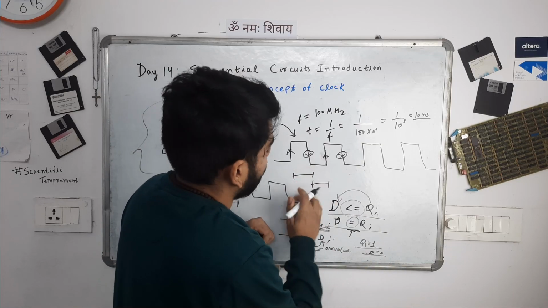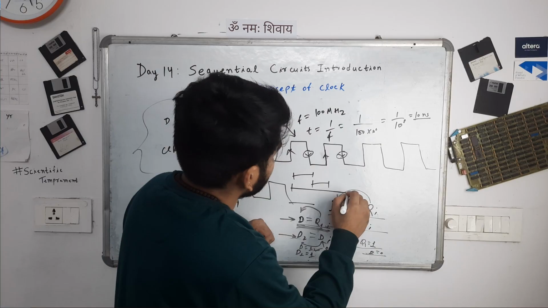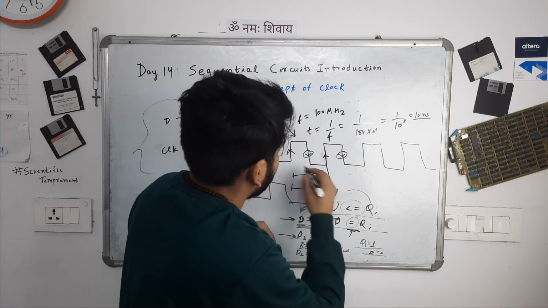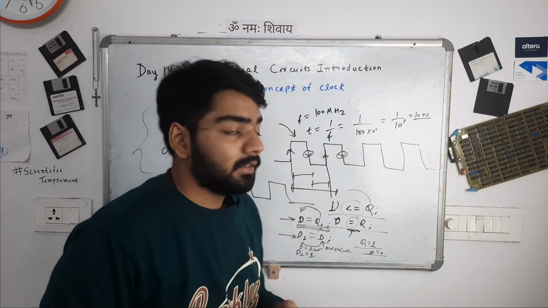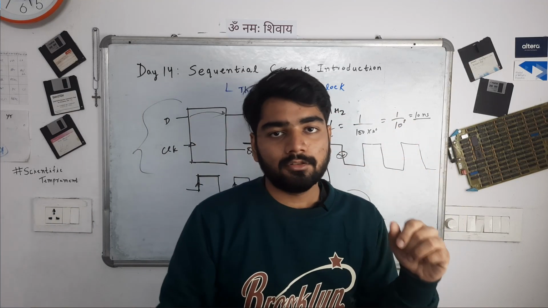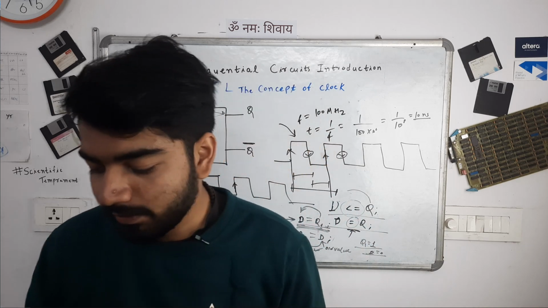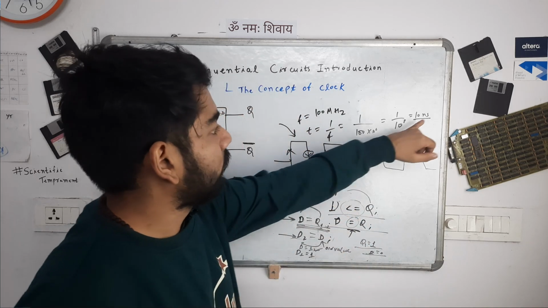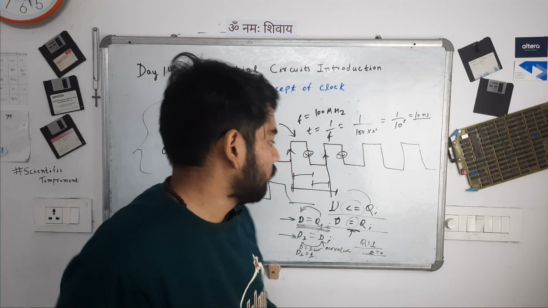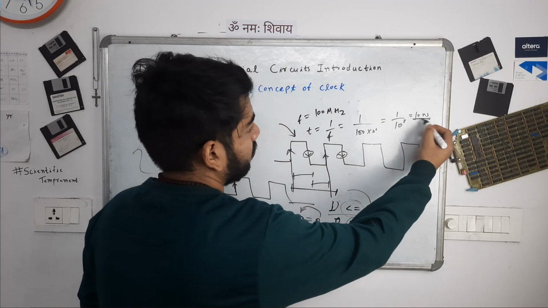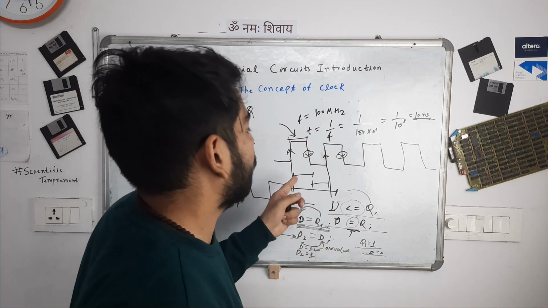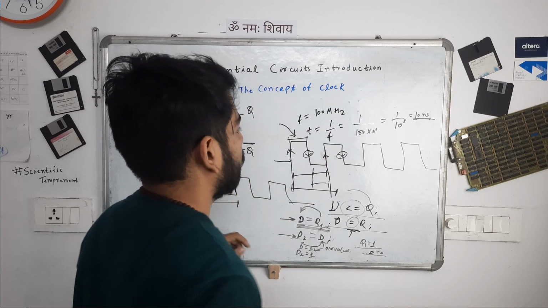So from here to here, this entire thing is the time period. In one time period the clock needs to go high, and it needs to come low as well. That is why we will take half of the time period and we'll toggle the clock according to that. So if the clock time period is 10 nanoseconds, we'll keep the clock high for 5 nanoseconds, and we'll keep the clock low for 5 nanoseconds.